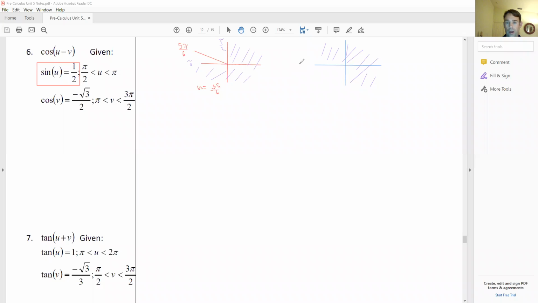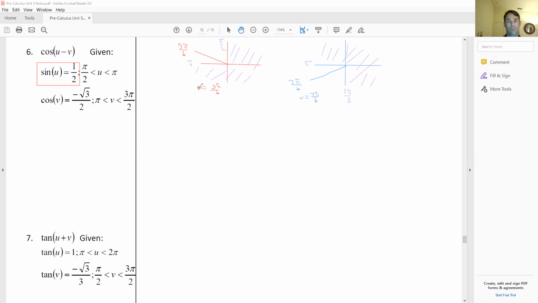So we're between pi and 3 pi over 2, and we're dealing with some angle that's going to be cosine of negative 3 pi over 2. So that's down here. That would be 7 pi over 6. So that means my v value is 7 pi over 6.